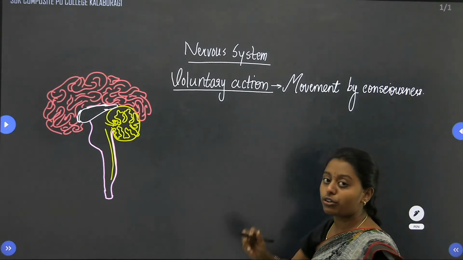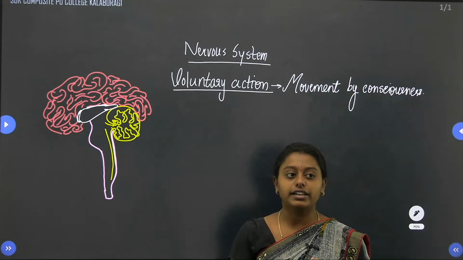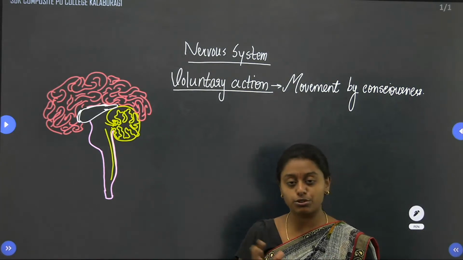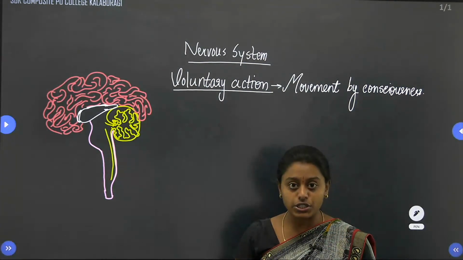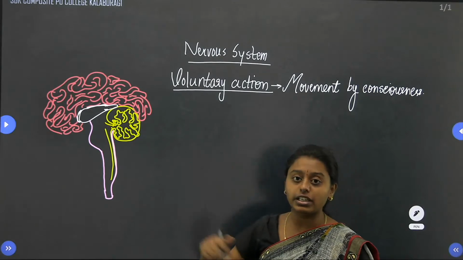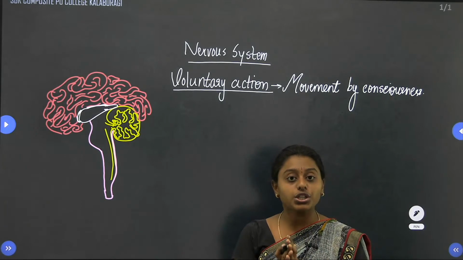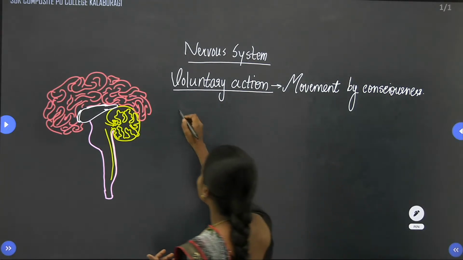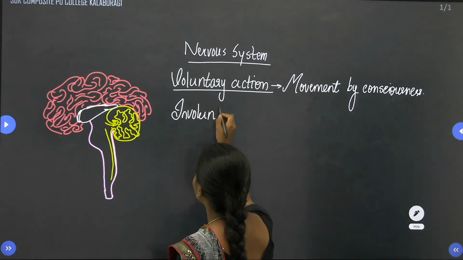If there is movement of any part of the body by our will, that is, if we decide to move the hand, the leg, or the head to the right or left based on our decision, then such a type of action is called a voluntary action. These voluntary actions include contraction of the skeletal muscles, whereas there is also another type of action called involuntary action.